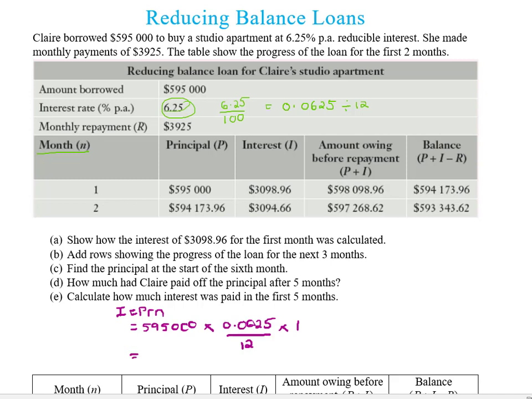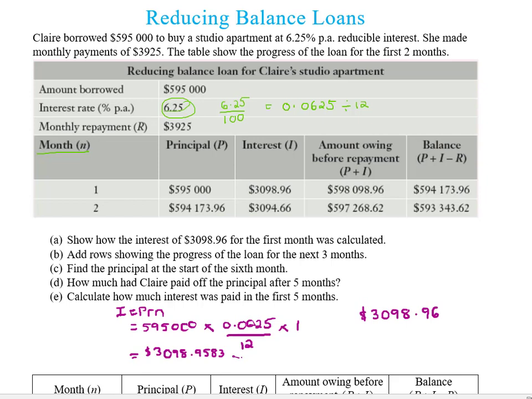So if I work that out on my calculator, it gives me an answer of $3,098.9583, etc., which to 2 decimal places, because money is always given to 2 decimal places, is $3,098.96. And that's how the interest was calculated.